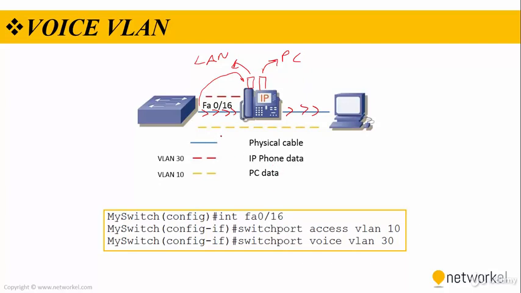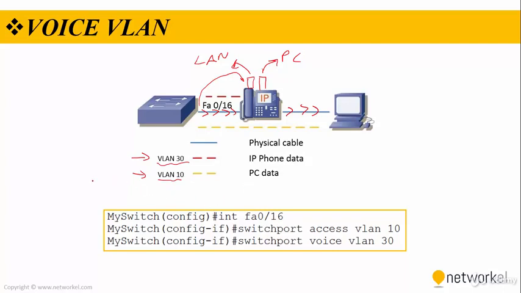And we are using different VLANs to carry data and voice traffic. In this example, we are using VLAN 30 and VLAN 10. VLAN 30 is carrying the voice traffic and 10 is carrying the PC data.